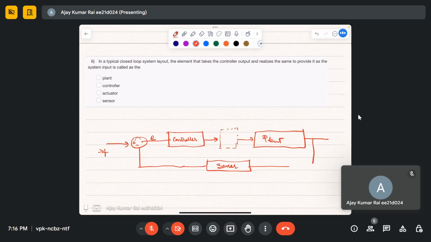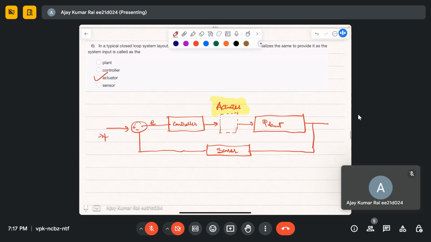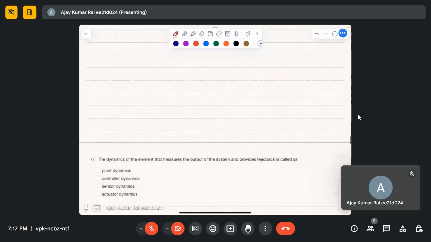So this is the plant, this is the controller, and the sensor is here. So the actuator, right? The element that takes the controller output and realizes the same to provide it as the system input. In an ideal system, we take the actuator gain as well as the sensor gain to be equal to 1. That we will see in further classes. So this is the actuator, correct.